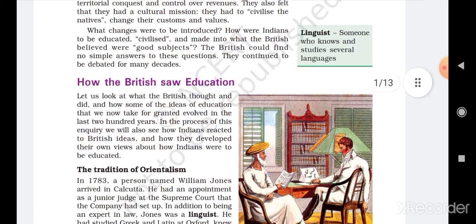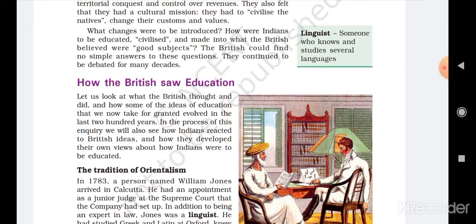Now, how the British saw education. What was the point of view of the Britishers on education? How did they see education? What was the definition of education for them? Let us look at what the British thought and did, and how some of the ideas of education that we now take for granted evolved in the last 200 years. There are a lot of things which are common for us now, but at that time it took a really hard time for people.